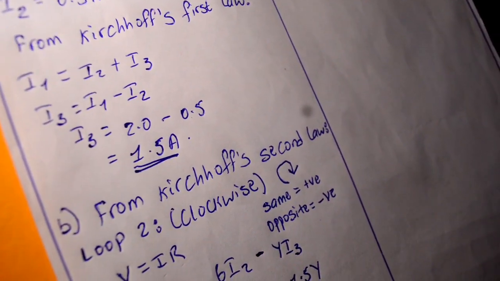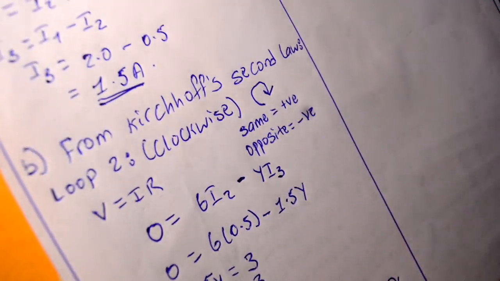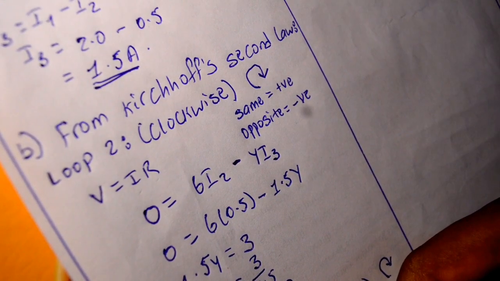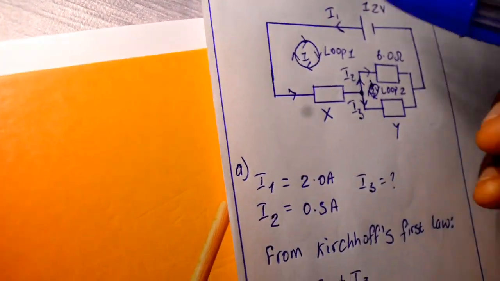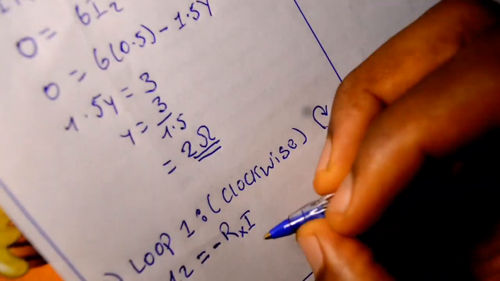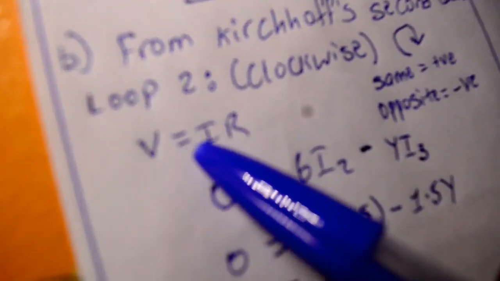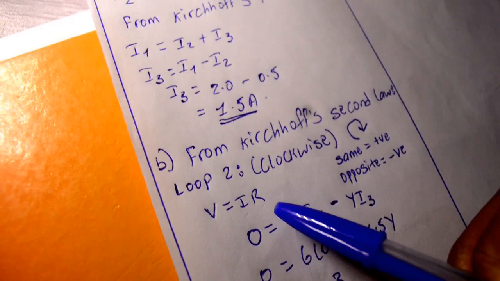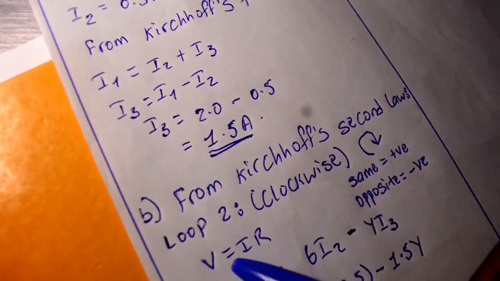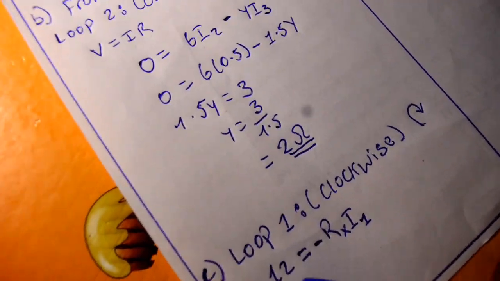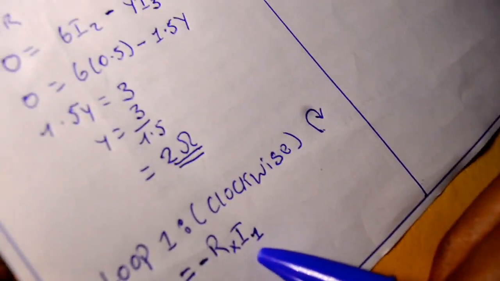Negative what? The resistance of X multiplied by the current of X, which is I1. Remember from this formula, V is equal to IR. You only work with the voltage of both sides, for the battery and for the resistors.